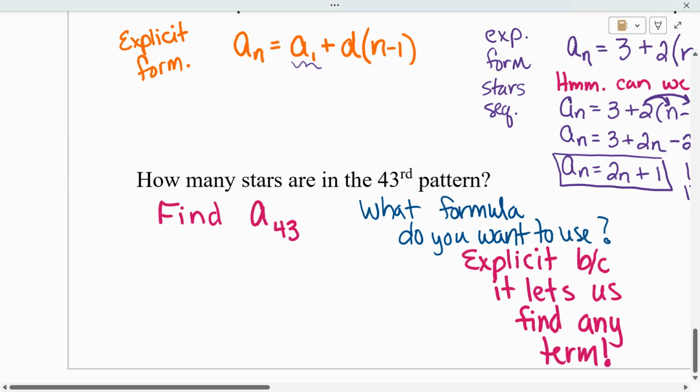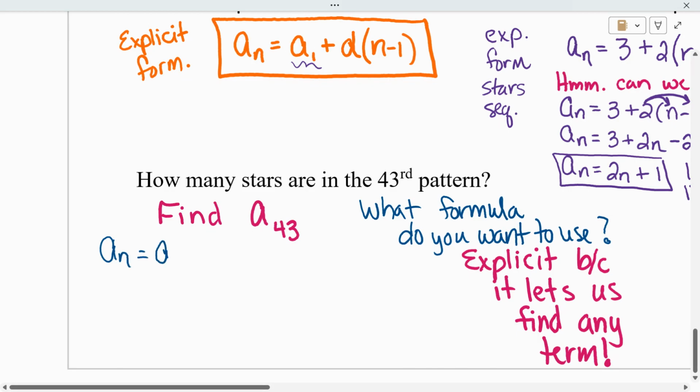The explicit formula lets us find any term. Okay? So we're looking at the explicit formula, which happens to be this right here. So I'm going to write it again. A sub n equals a sub 1 plus d times n minus 1.